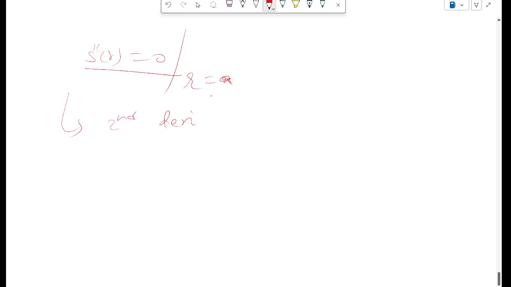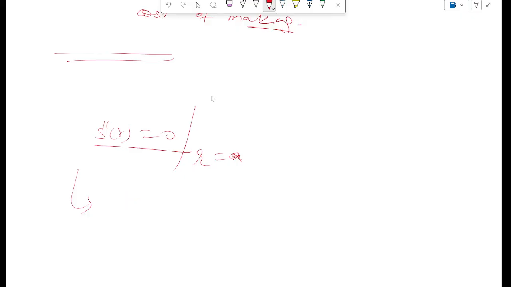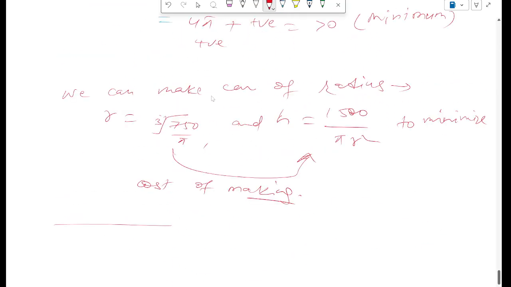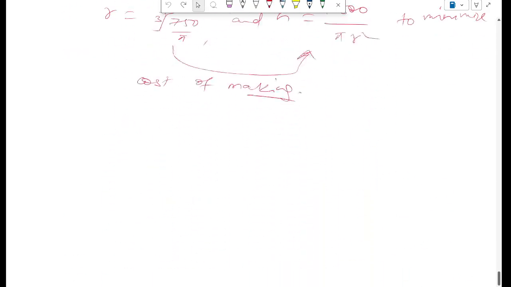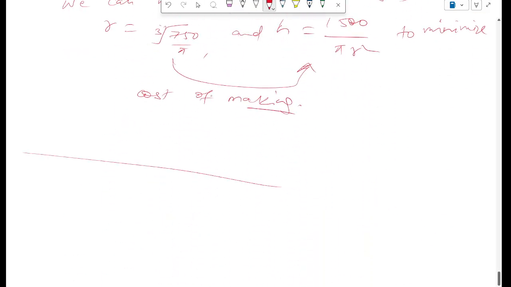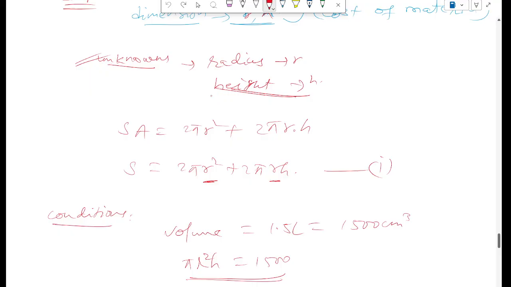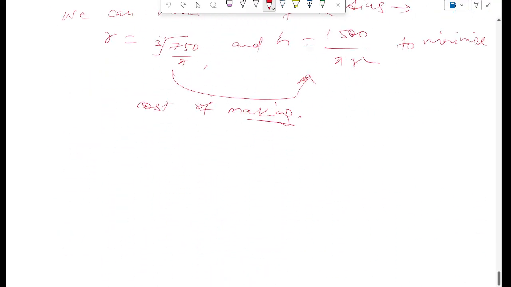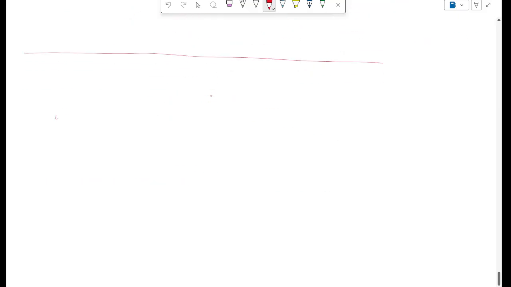So let's write it in a formal way. What I am trying to say is, let's say first we calculated f dash x and equated it to 0, and it gave us roots, let's say x1, x2, all these values.